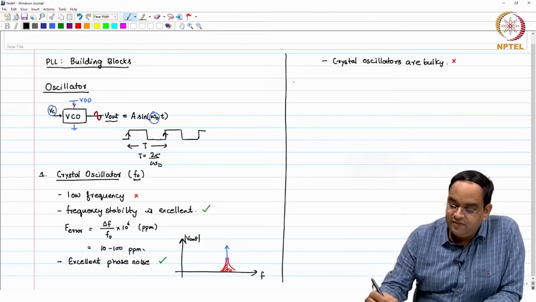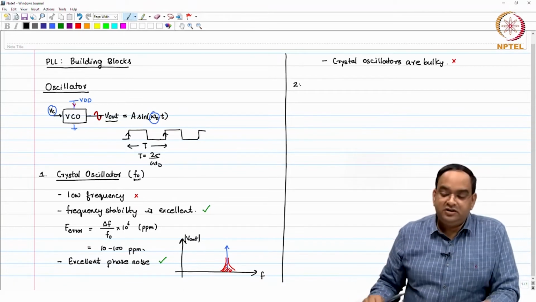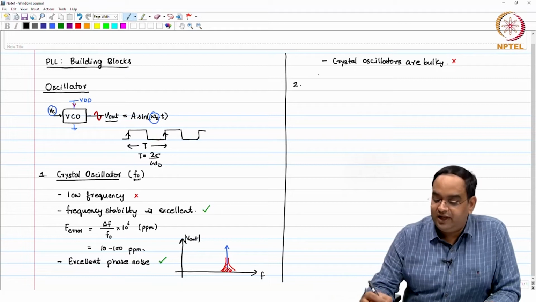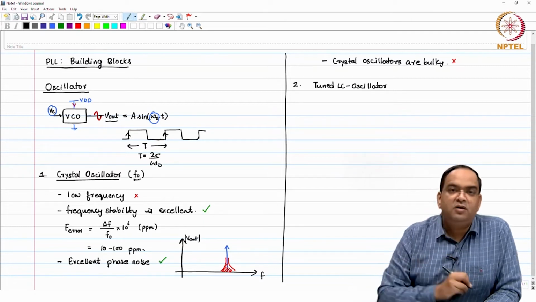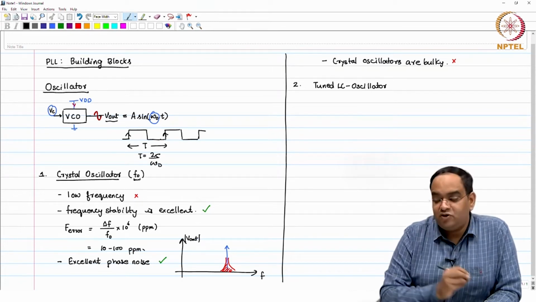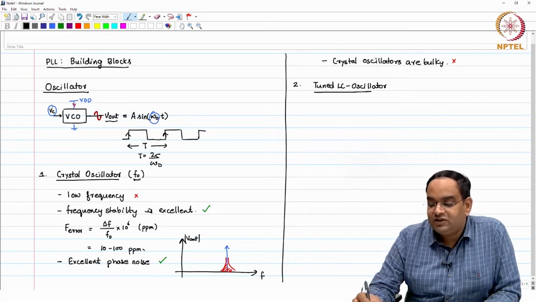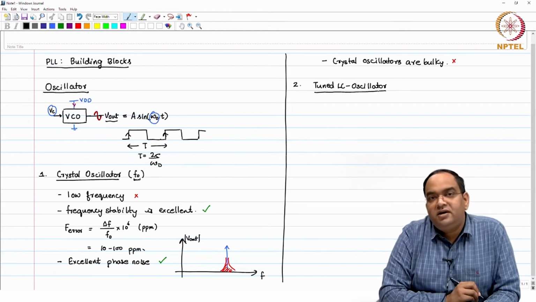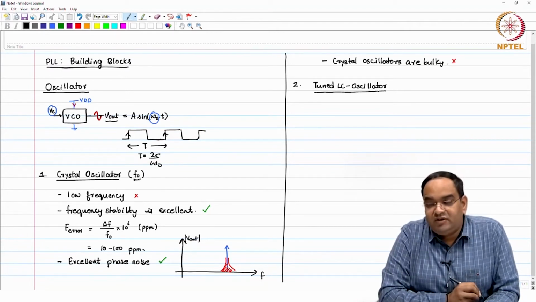Okay. As we move ahead and start realizing the oscillator using tuned oscillators, which are tuned LC oscillators. This is something which we saw when we said that the electrical model of the crystal oscillator can be realized using RLC components. From there, we found that the frequency was limited by L and C, inductor and capacitor values. So, we can choose the inductor and capacitor values as we want.